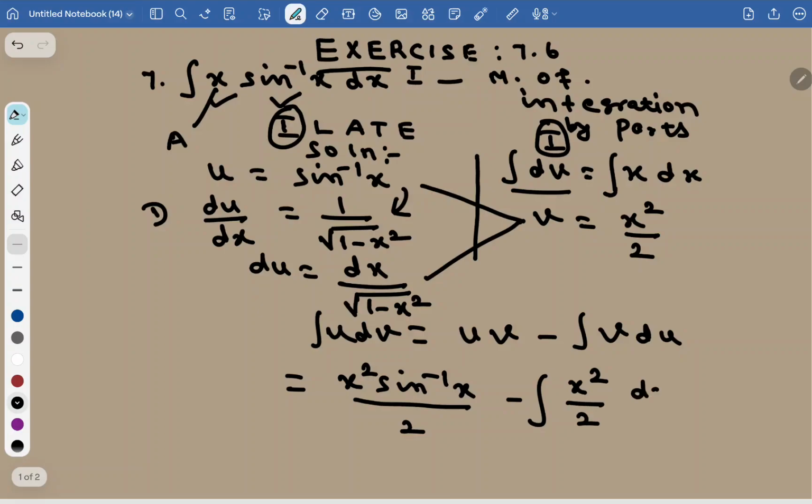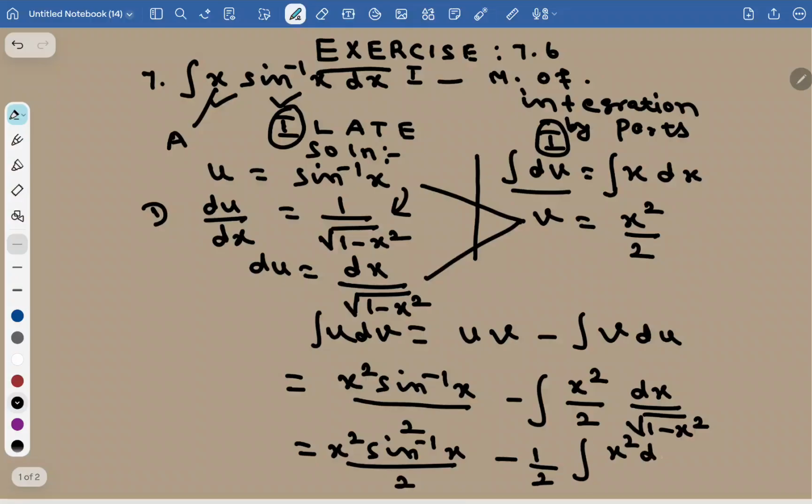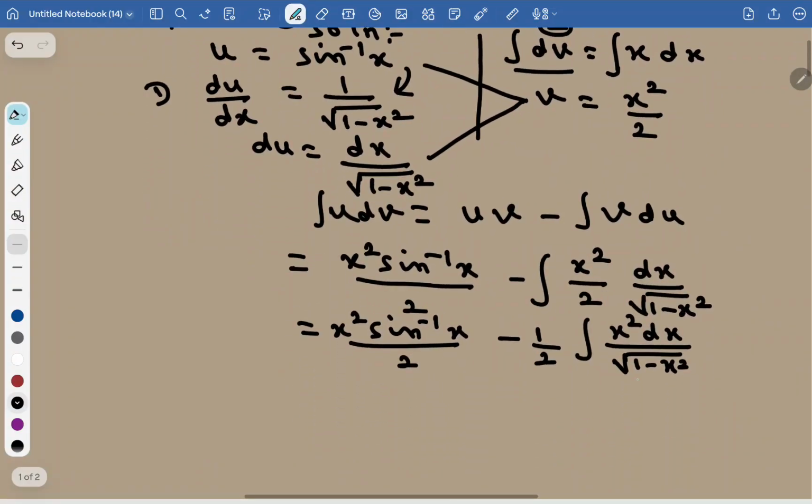What is du? dx by root of 1 minus x square. So x square sine inverse of x by 2 minus 1 by 2 integral x square dx by root of 1 minus x square. See, in the denominator we have 1 minus x square.